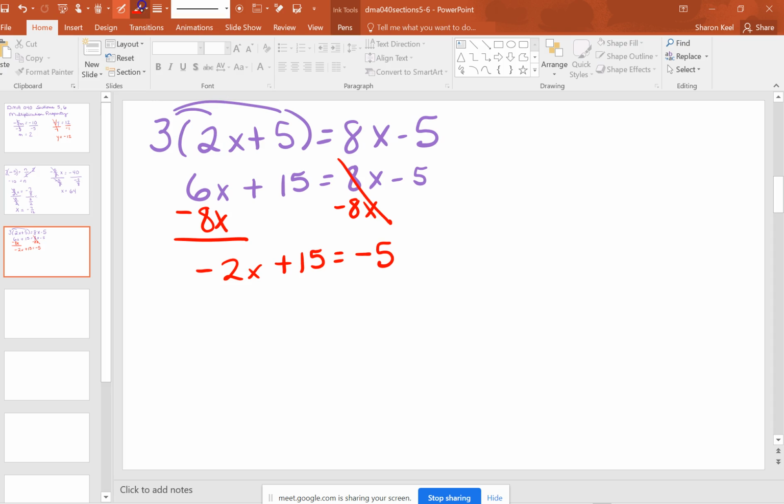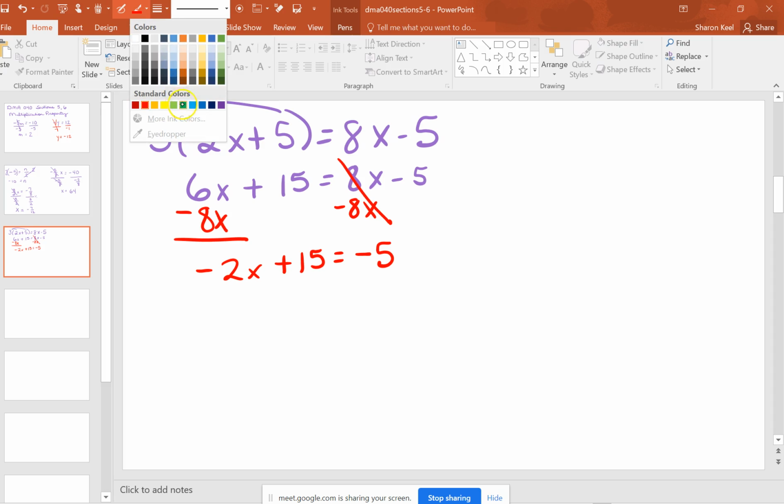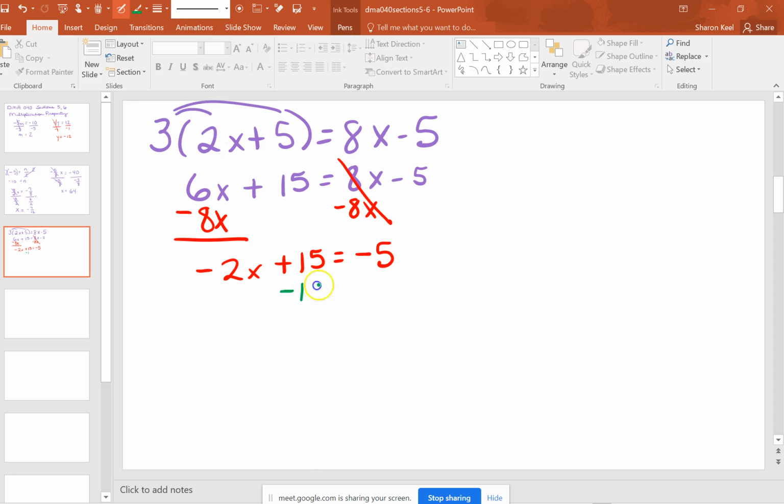Now I want to move that adding a 15 to the other side. So the opposite would be to subtract 15 to move it over. So now that's going to cancel. Negative 2x equals, now don't do this in your head. A lot of times people would write that the answer is a negative 10, but it's not.